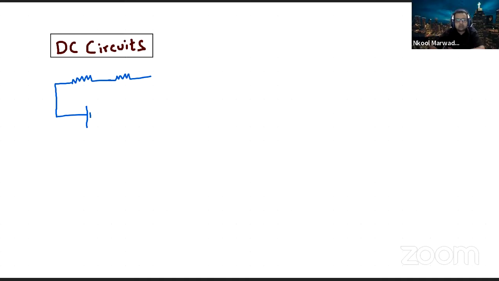The terminal with the smaller length is the negative. So this is an example of a DC circuit where the source is the DC current. So plus, minus, plus, minus. And two resistances I have, R1 and R2. So this is the basic idea.